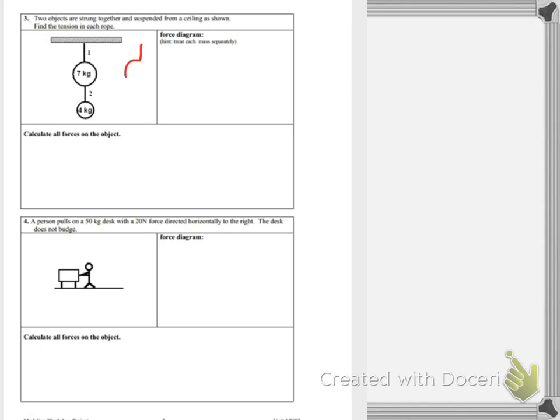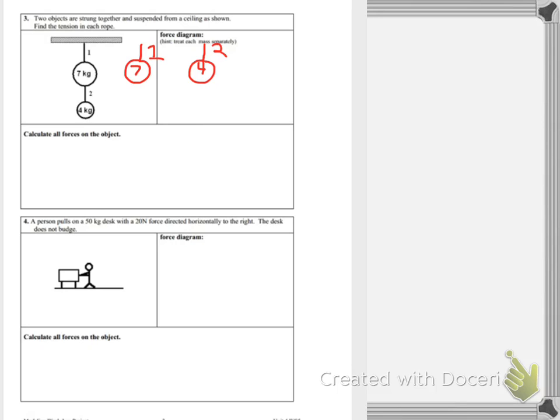So I want to find what it is for the 7 kilogram mass, and then I want to know what it is for the 4 kilogram mass. By doing it this way, we have string 1 and string 2.